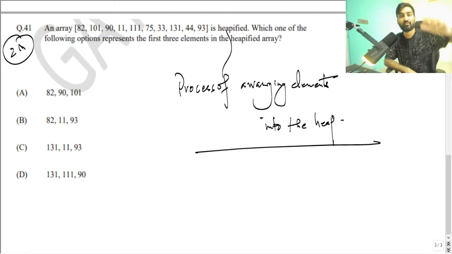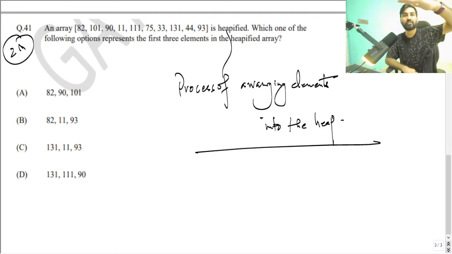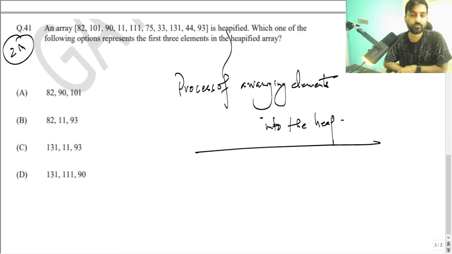Please remember that the largest element is going to be at the top level of the tree. And if the heap is a min heap, you have to rearrange the elements such that the smallest element becomes the root. The smallest element is going to be at the top. So these are the few things that you have to remember.